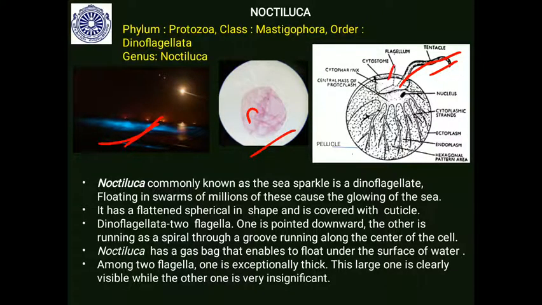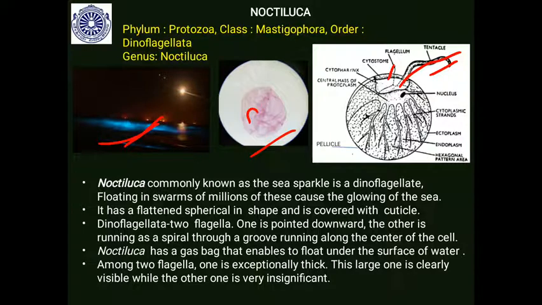So this is the diagram. You will find the nucleus surrounded by thick cytoplasm, and this cytoplasm forms strands. This forms the endoplasm, and in between the strands you will find the ectoplasm. The cell is covered by a cuticle.